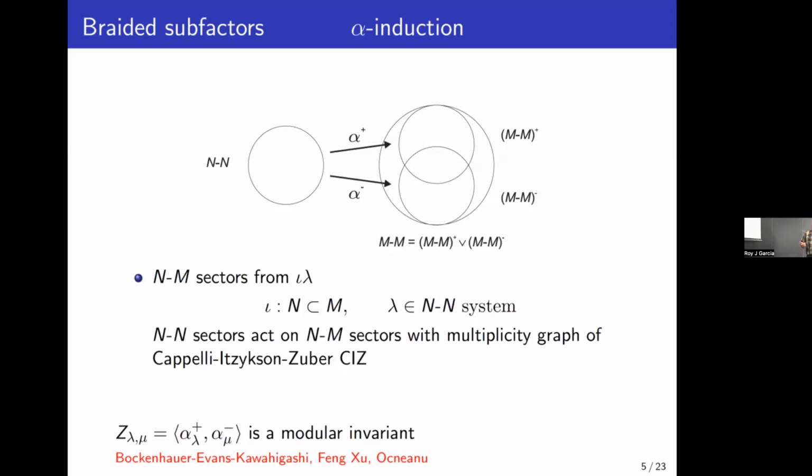Then, in a natural way, the original Verlinde ring acts on this system here by multiplication. And these give graphs, and that's then the graph which recovers the classification of Capelli-type modular invariants for SU2 in particular.